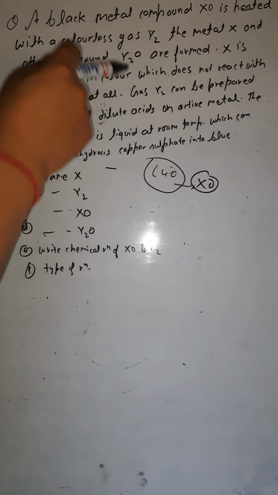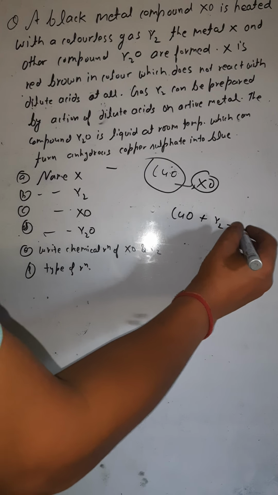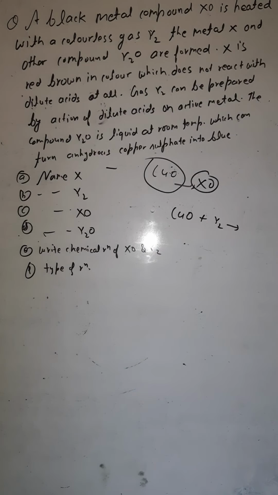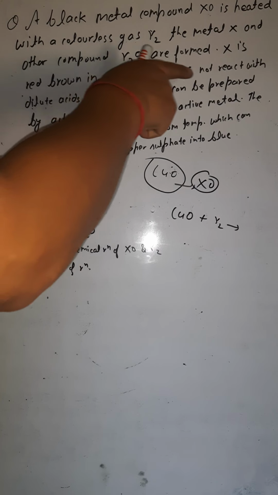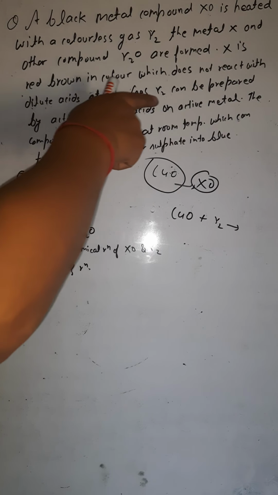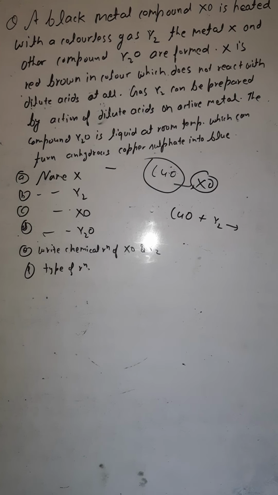XO is heated with a colorless gas. Now see, if XO is CuO, let's say it is CuO, and you are heating this CuO with a colorless gas Y2, let's say a gas named Y2, what do they form? They form X, which is red brown in color and does not react with dilute acids. Means two things are being formed.